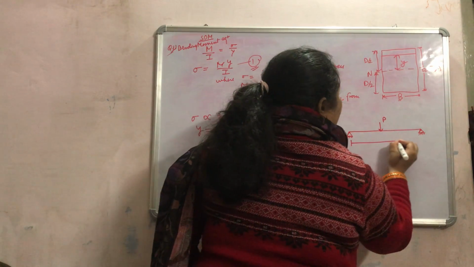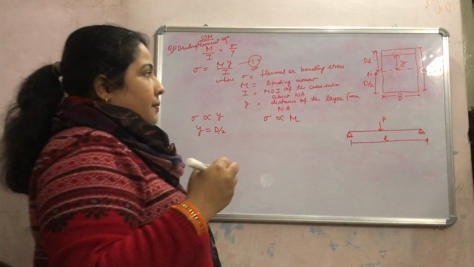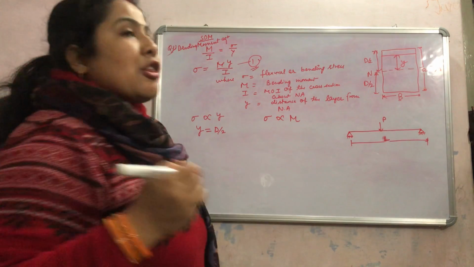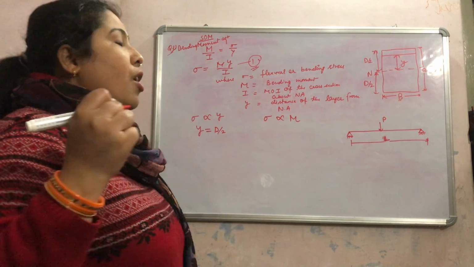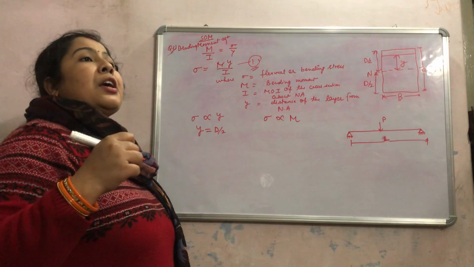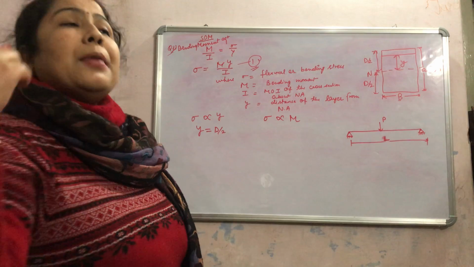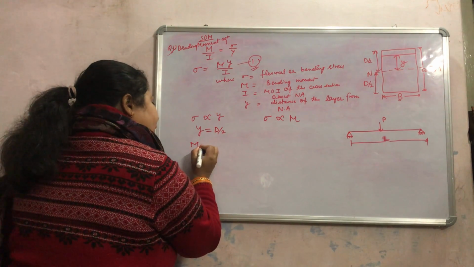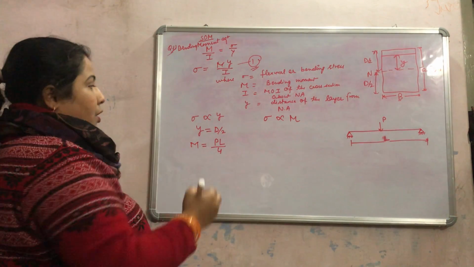The value of the load is P. So, we know that the maximum bending moment for a simply supported beam in which concentrated load is acted at the middle of the span, the value of maximum bending moment M equal to PL upon 4.